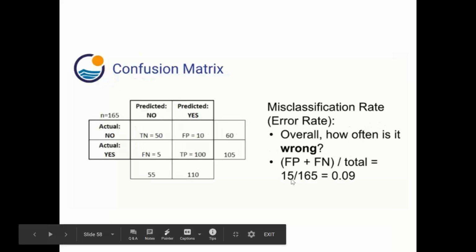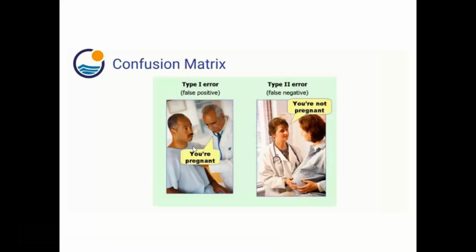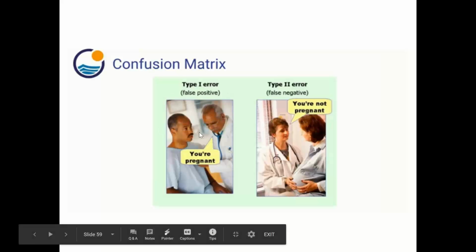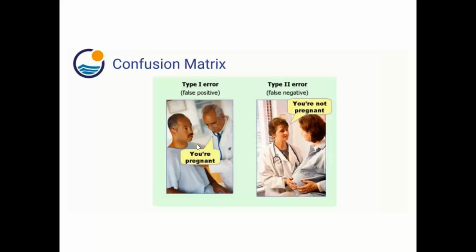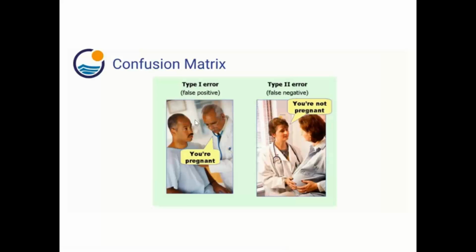So an example of this, I just created. See, false positive: a doctor is checking a guy and he tells the guy that you are pregnant. And false negative: the doctor says to the lady that you are not pregnant. So this is what we call false positive and false negative. This guy got a positive result when he went for a pregnancy test, which is not possible.